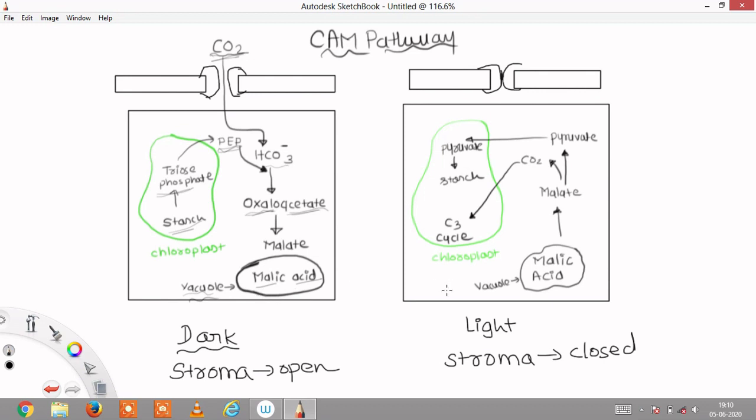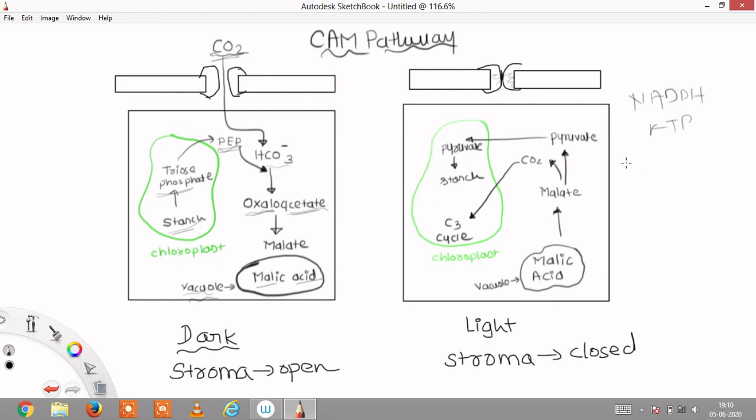Now the sun has risen, light has come, and the stomata got closed, so there is now no entry of carbon dioxide, but light is coming. That is driving the light reaction, and the NADPH and ATP, which are required for the Calvin cycle, are being generated in the presence of light.